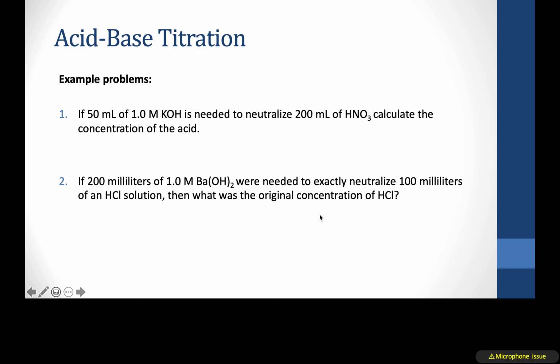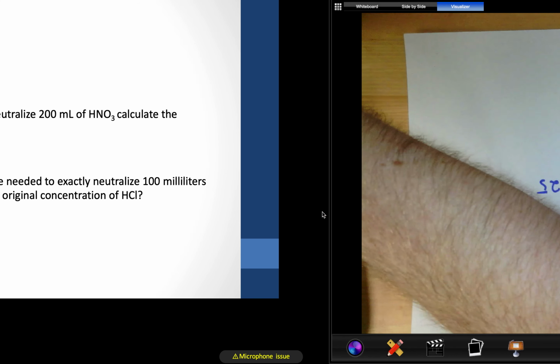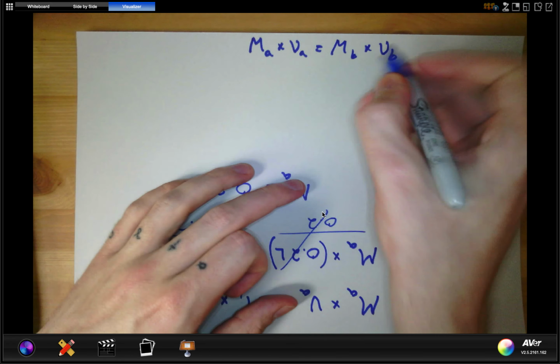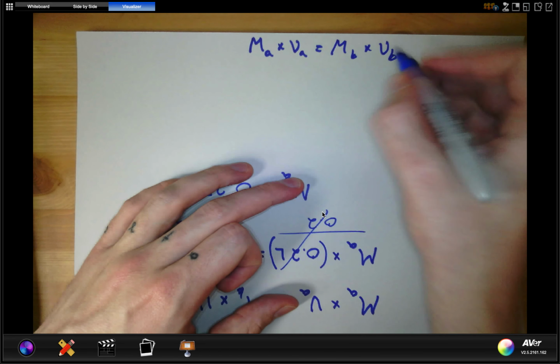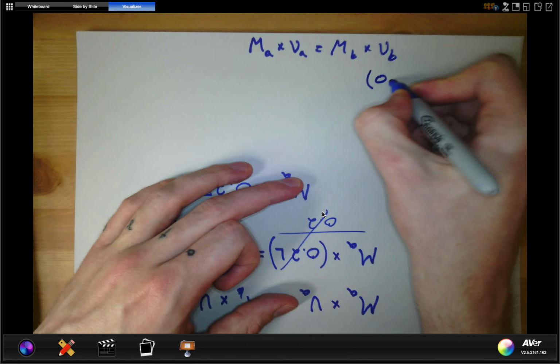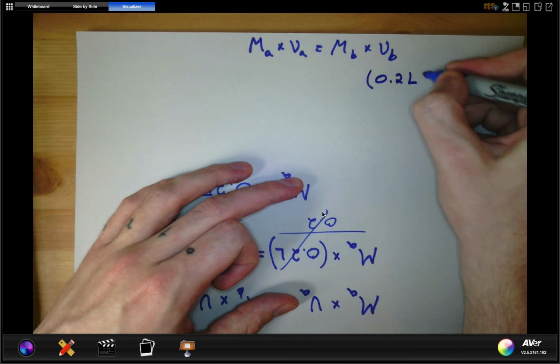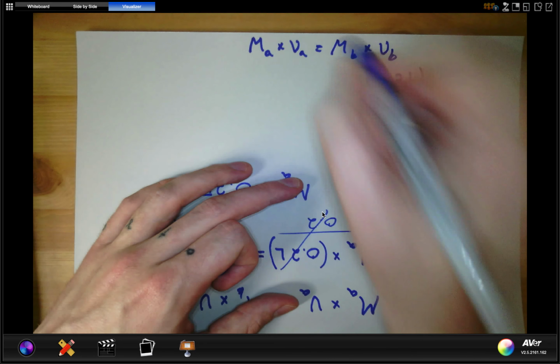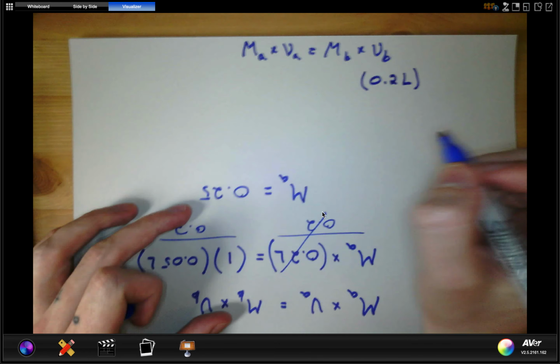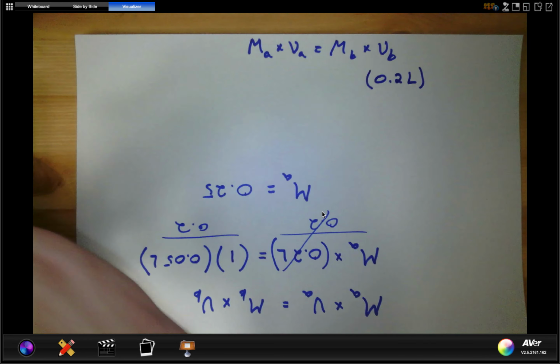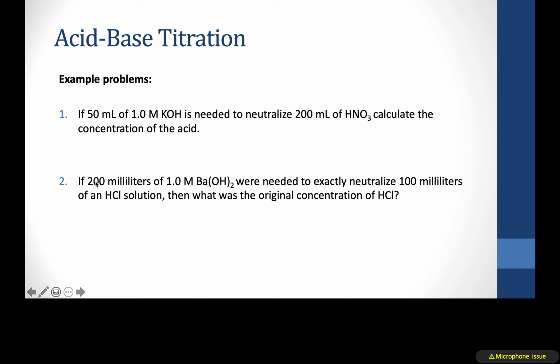So let's get that information down. The volume of my base was 200 milliliters, which is the same as 0.2 liters. You've got to go to liters because molarity is in moles per liter. All right, so that's this number. Now, the concentration of the base here is tricky.